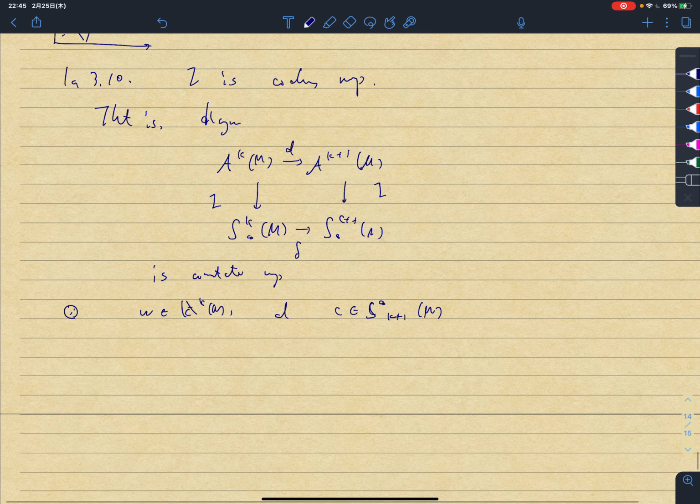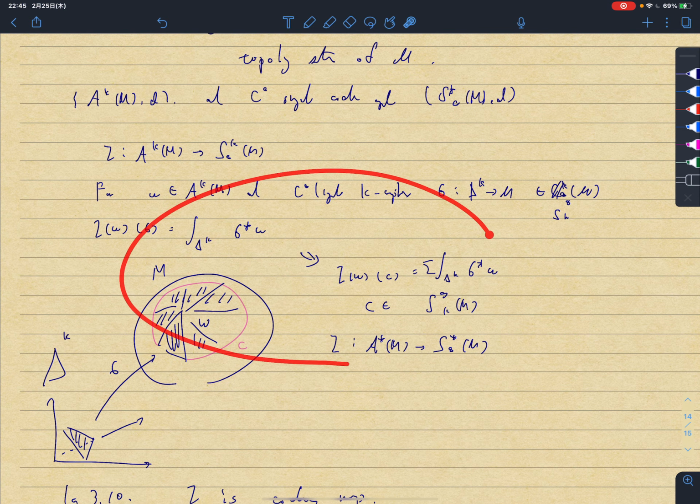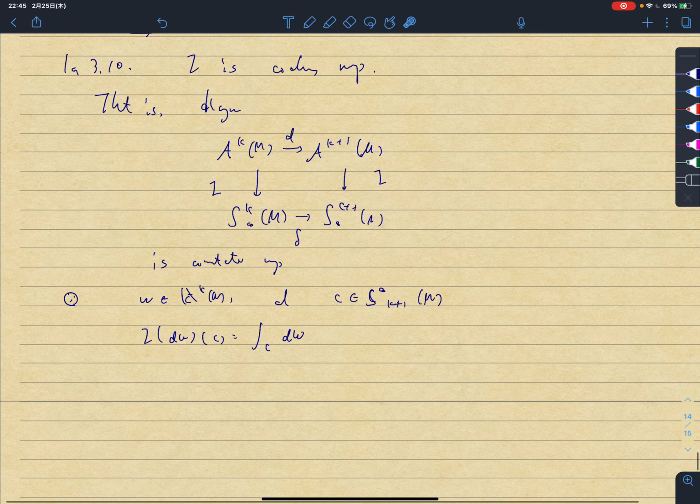Then by Stokes theorem, the integral of d omega over C equals the integral of omega over the boundary of C. This is defined.